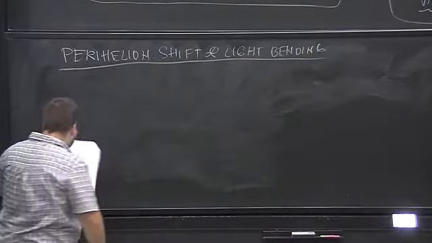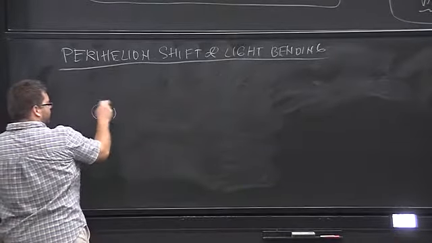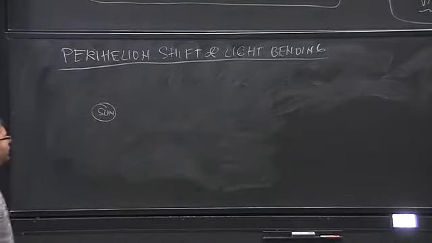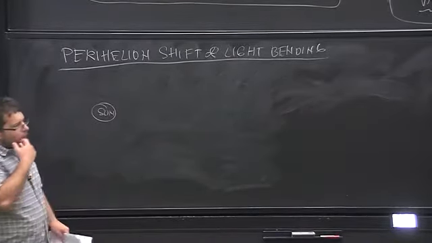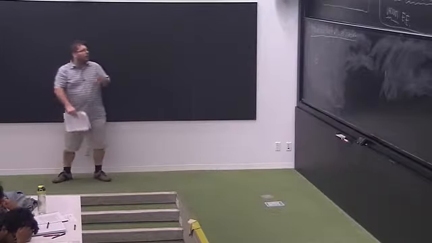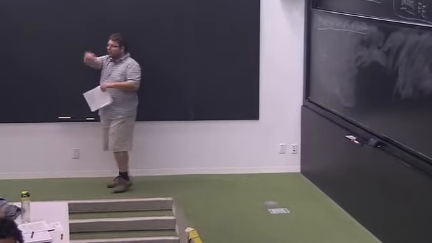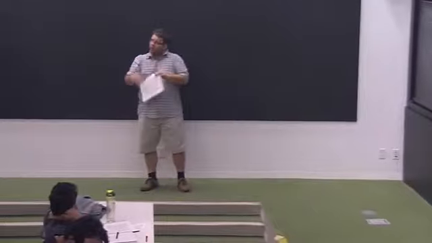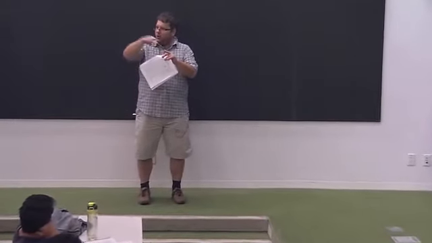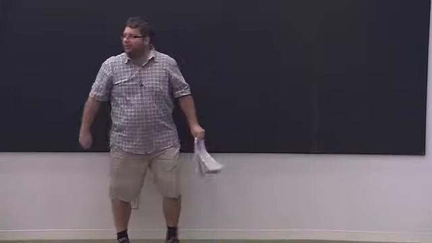All right, so what happens with the perihelion shift is that you have your sun here, and then you have Mercury orbiting around it. In Kepler theory or in Newtonian theory, these orbits are either ellipses or hyperbolas or whatever. But if you want a bound orbit, they are always closed. So you have a circle, you have an ellipse, but you always come to the same point where you started.